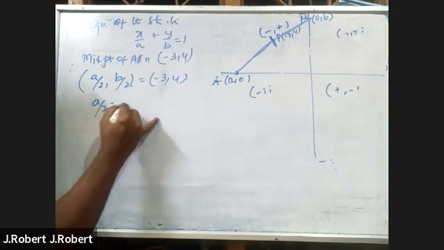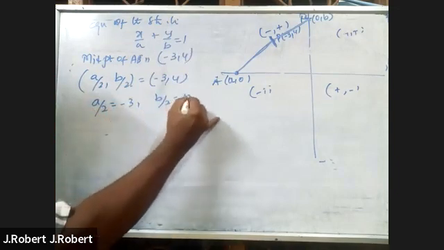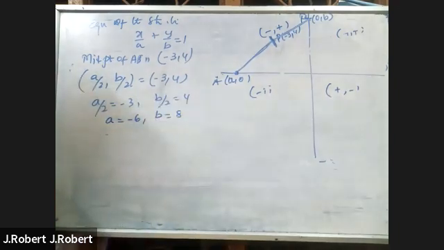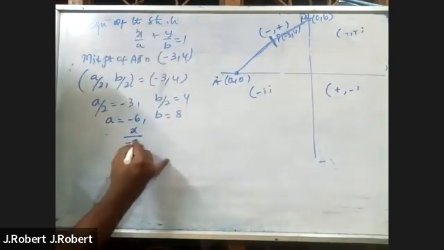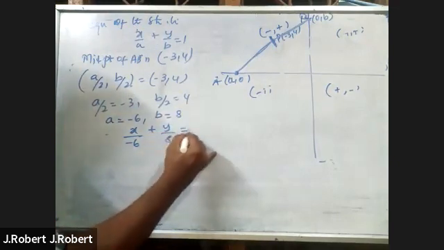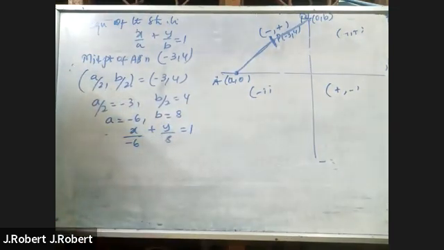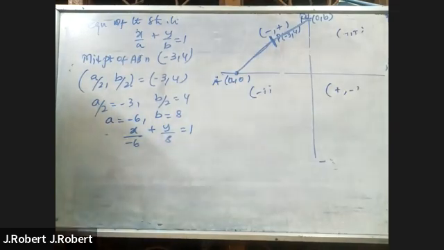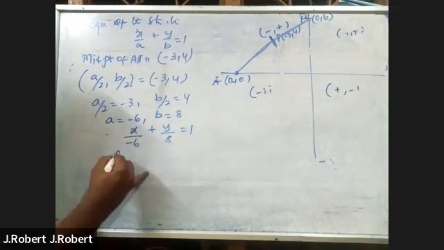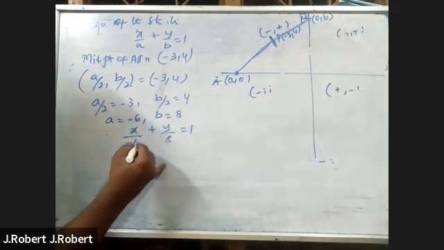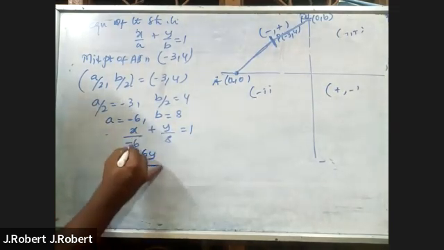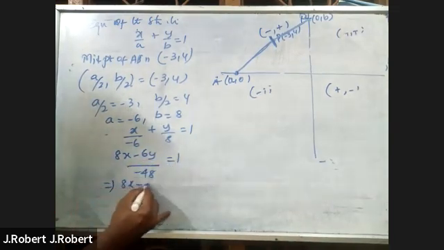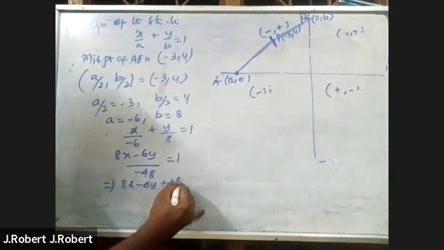From this a/2 equals -3, b/2 equals 4, so a equals -6 and b equals 8. Substituting into the equation: x divided by -6 plus y divided by 8 equals 1. Taking the LCM of 6 and 8, cross multiplying, we get 8x minus 6y plus 48 equal to 0.